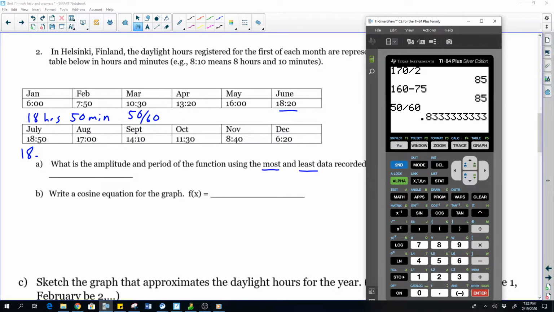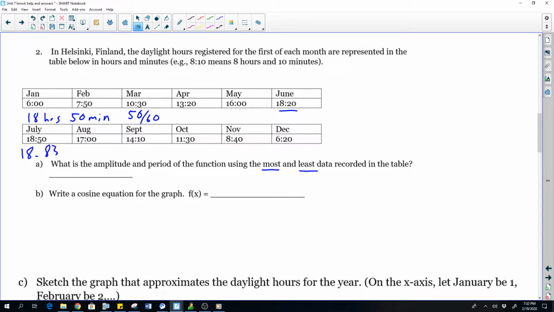So 18.83 hours. We're converting it all into hours, or we can convert it all into minutes, but let's stick with hours. Cool. So that's going to be our maximum, right? That's going to be how many daylight hours we have. So that's our x-axis and our y value, right? And so don't forget that January is 1, 2, 3, 4, and so forth.